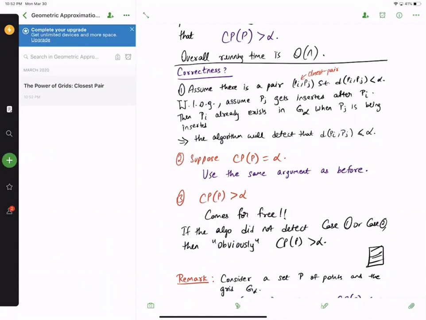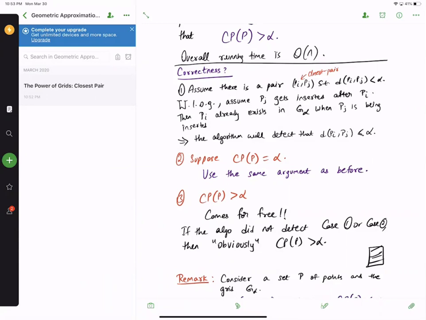But I don't see how you can use a binary search here, because when you're talking about alpha, you're talking about distances, and these can be arbitrary numbers, not bounded by n.